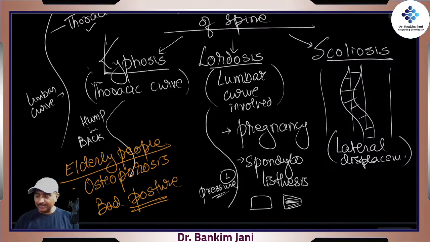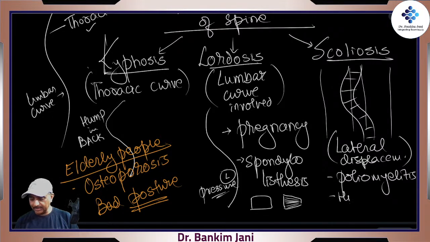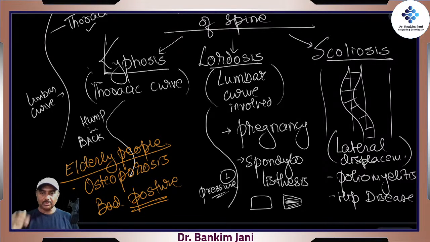Now this lateral displacement, the commonest cause is poliomyelitis. And when you see any patient of scoliosis, chances are very high that he or she might have some hip disease, for example avascular necrosis. In avascular necrosis there is loss of blood supply to the head of the femur.